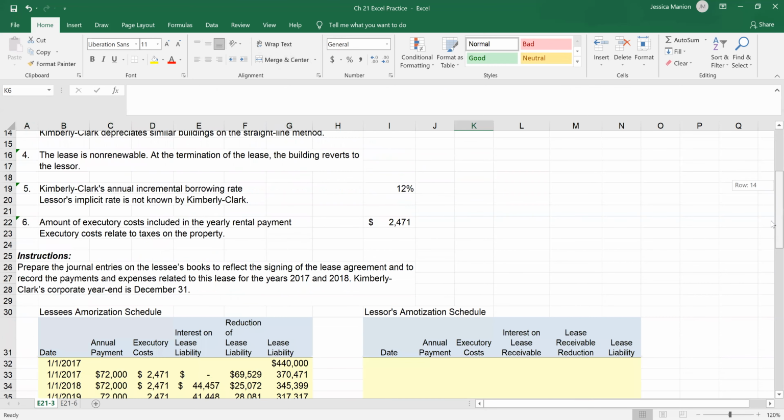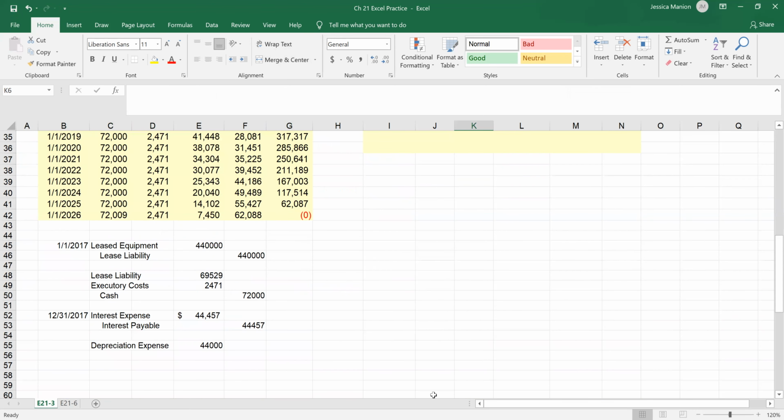So we're going to depreciate it over 10 years then. And so that's what that one would look like. Oh, and then credit accumulated depreciation. 44,000.